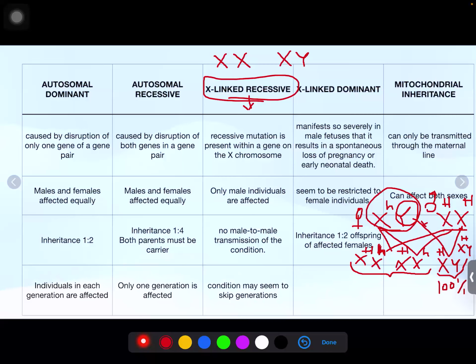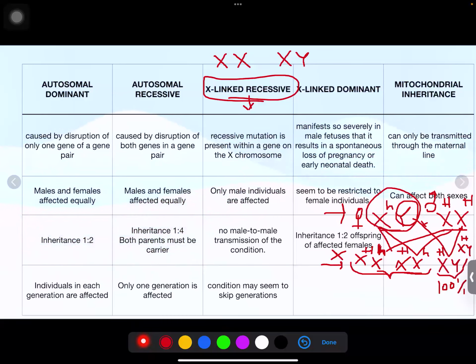But the females will be carriers. Okay, so this carrier status will not be apparent in this generation. So the disease is here, but the disease is not in this generation.